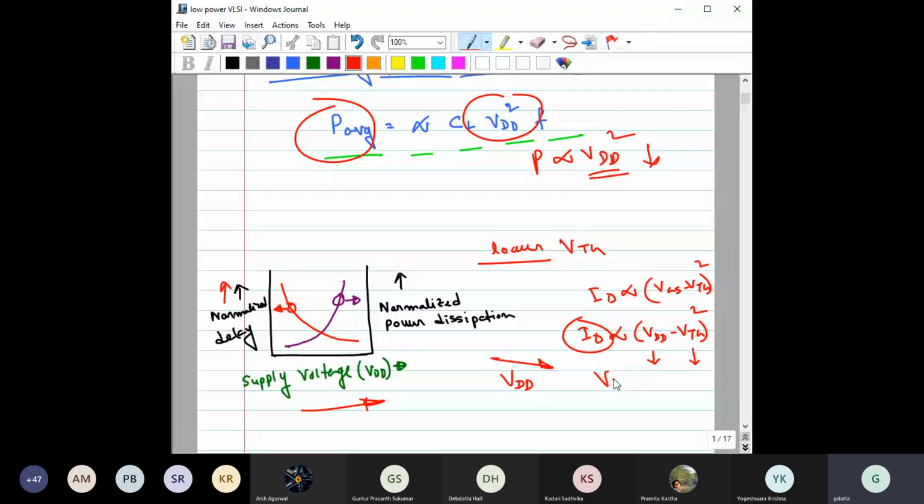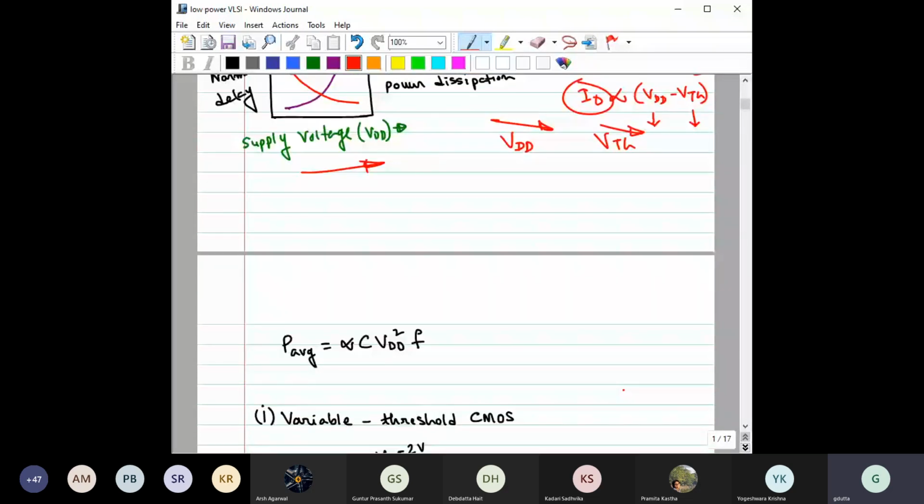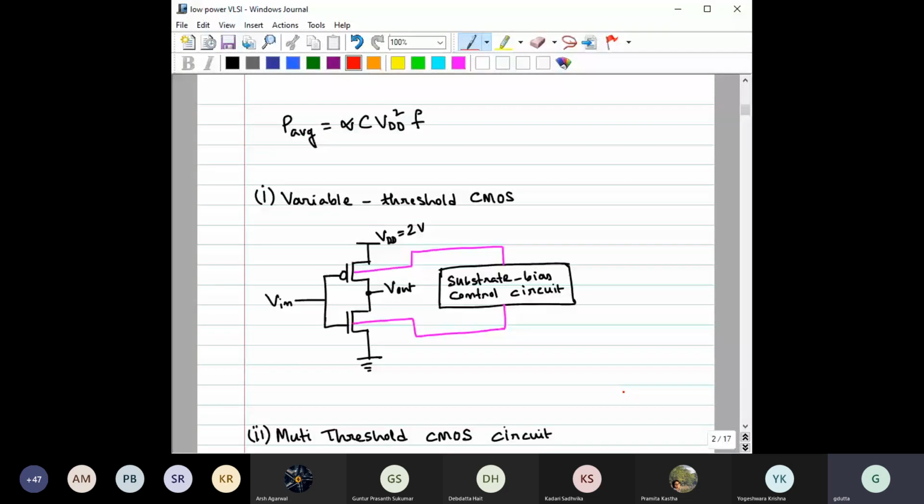You cannot reduce the threshold voltage on the same scale, because it creates lots of other issues, for example leakage current issues, subthreshold conduction issues, and so on. So we considered whether we can make some arrangement such that when the device is active, the threshold voltage is low, and when the device is asleep or in standby, the threshold voltage is high, to reduce the leakage current or static power dissipation.